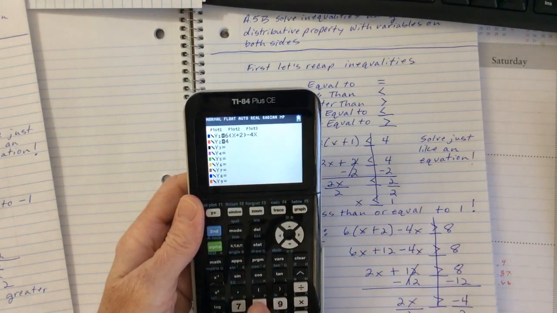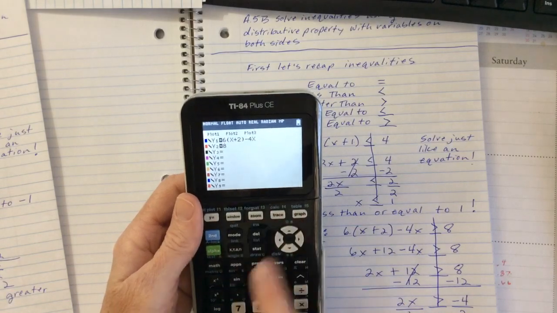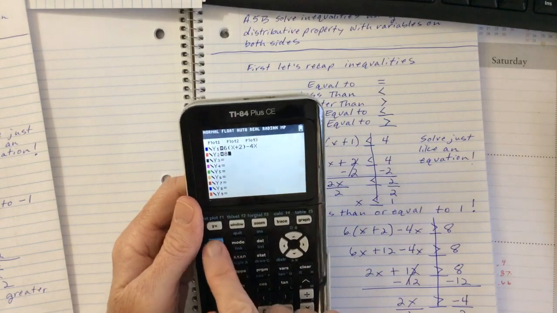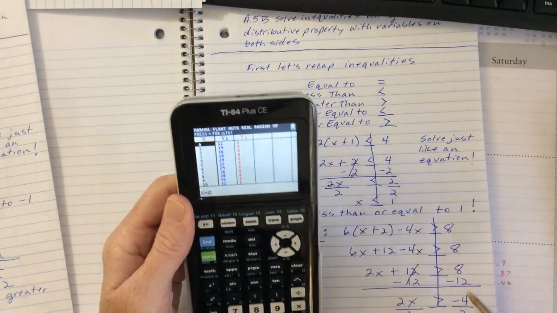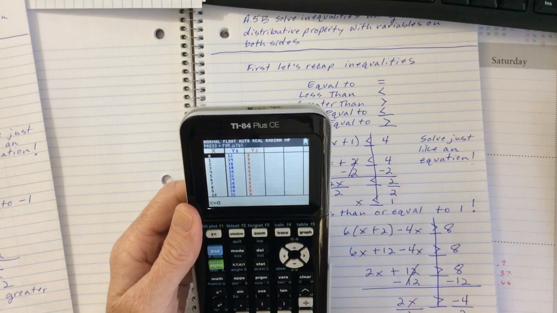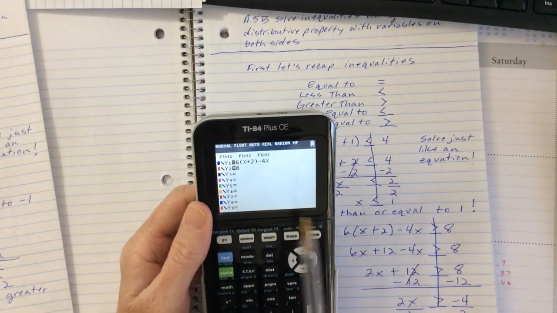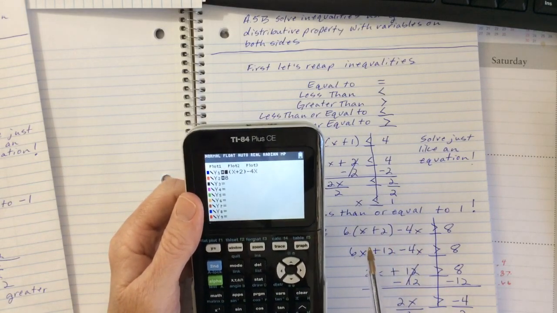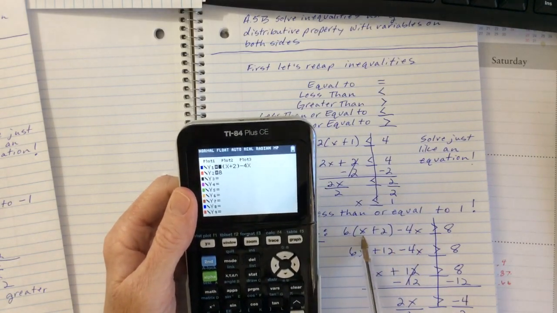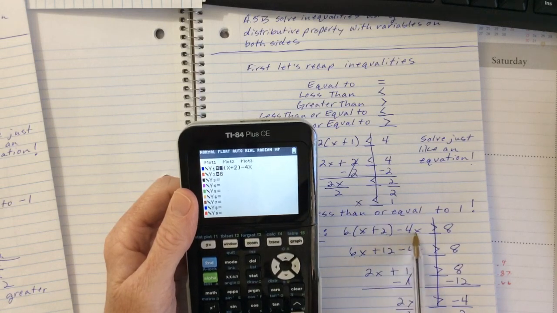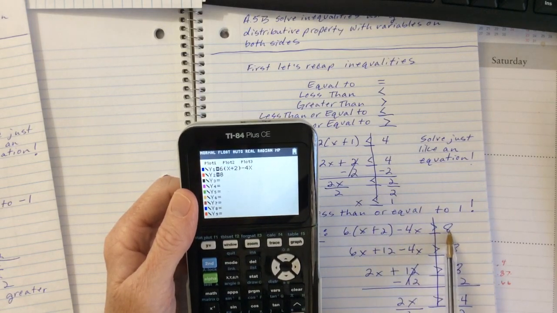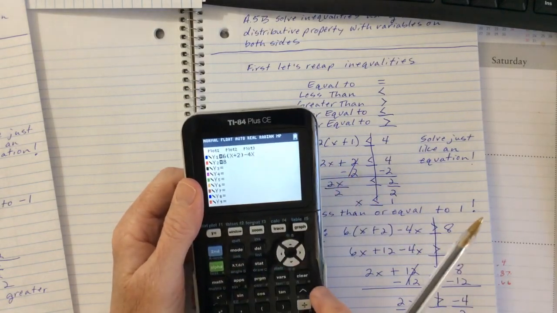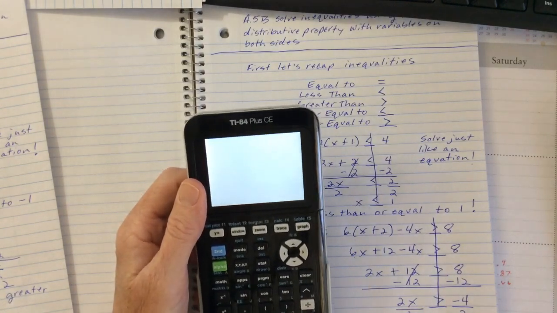Now let's hit the number 8. And let's see what we got. We have second table, and we know, oh, I must have put something in wrong. 6(x + 2) minus 4x and 8. Let me clear the calculator. Second plus 7 1 2, enter.